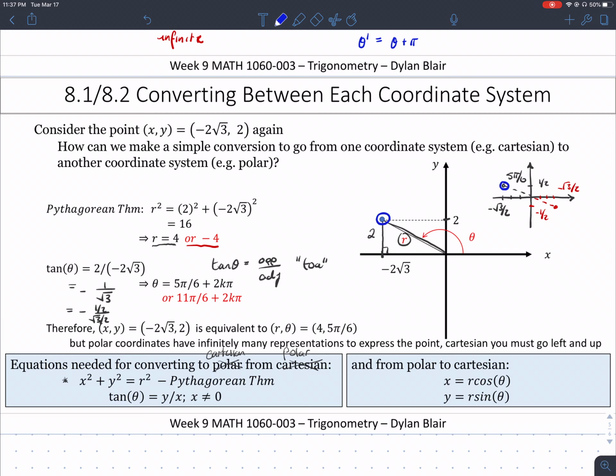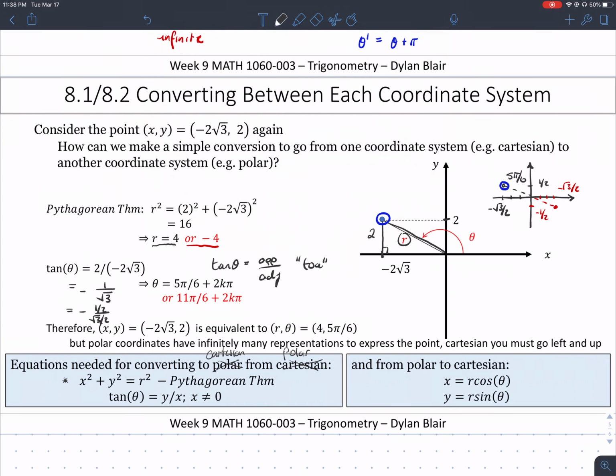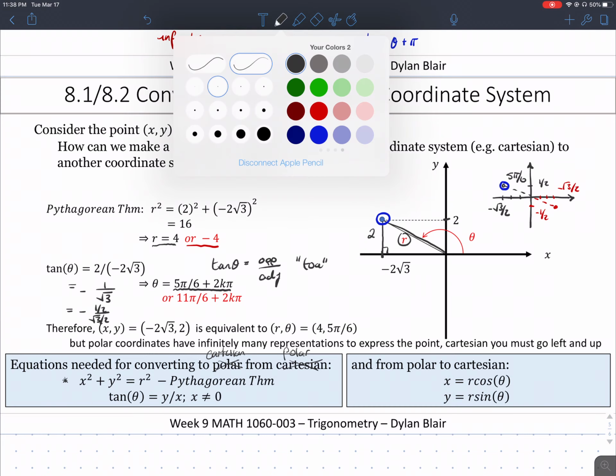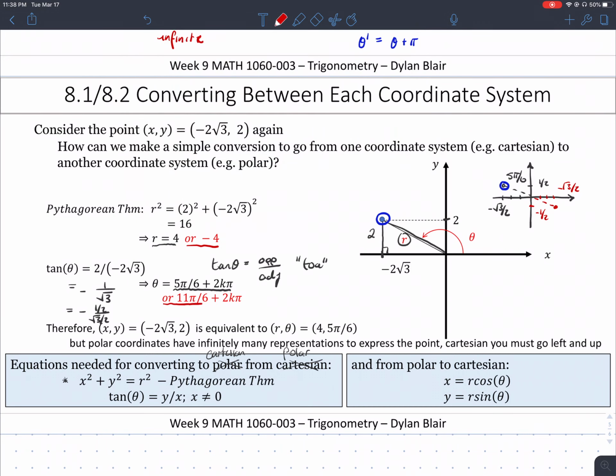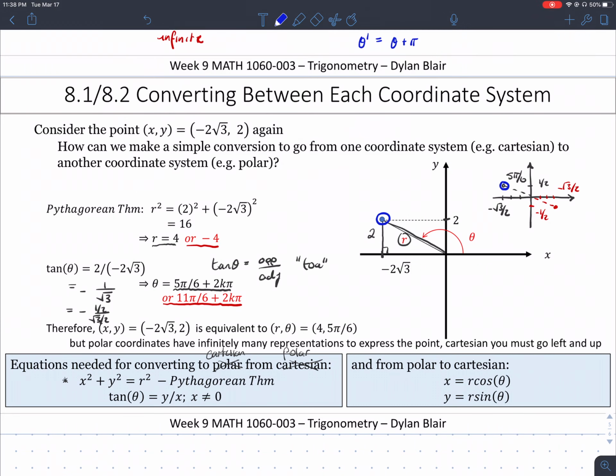So we want to rotate up by 5 pi over 6. And we know that we can get infinitely many solutions. We have this 5 pi over 6 plus 2k pi. But note that we can still talk about this 11 pi over 6 plus 2k pi in a second. So let's first talk about the 5 pi over 6 and the positive radius first.